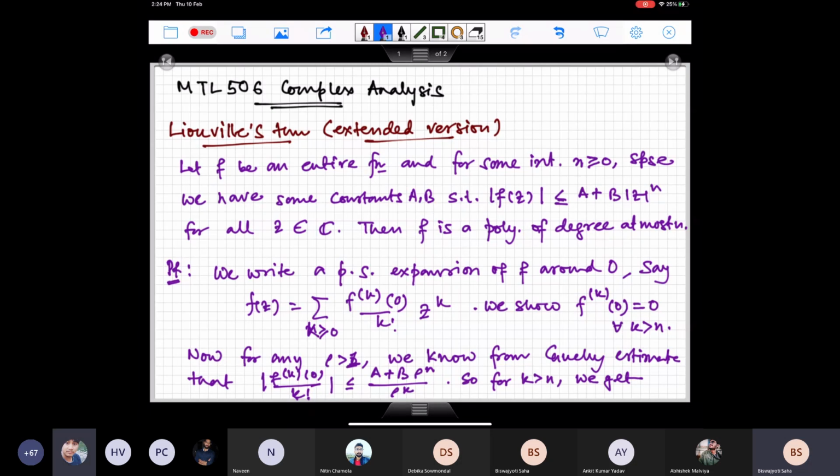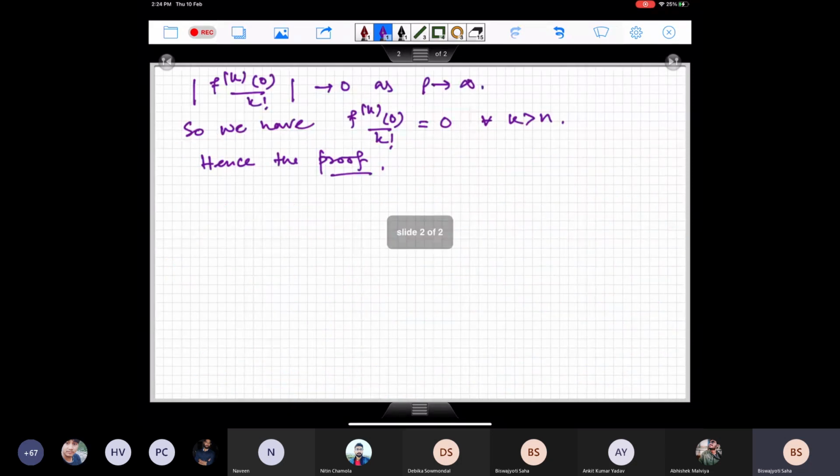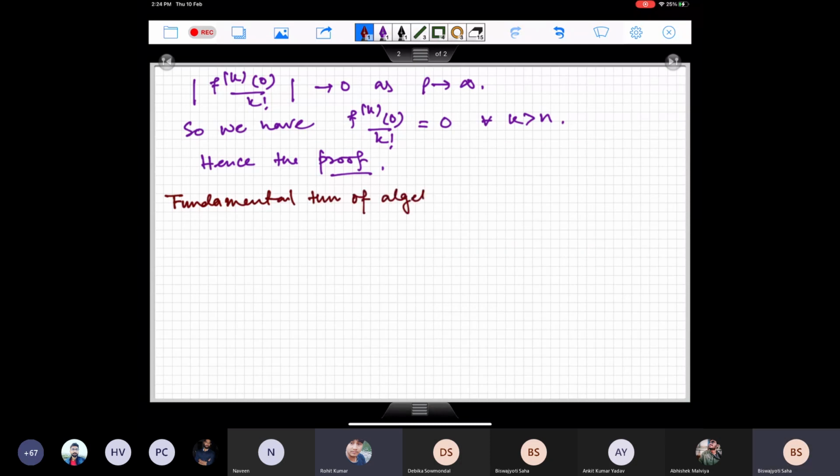Now that I know about Liouville's theorem, I want to prove one statement which is very important, not only in complex analysis but used in general in algebra. Let's call it the fundamental theorem of algebra. So does anybody know what the fundamental theorem of algebra is?